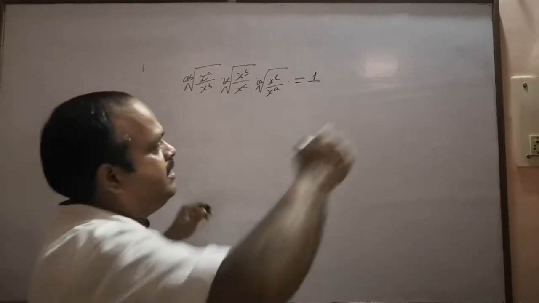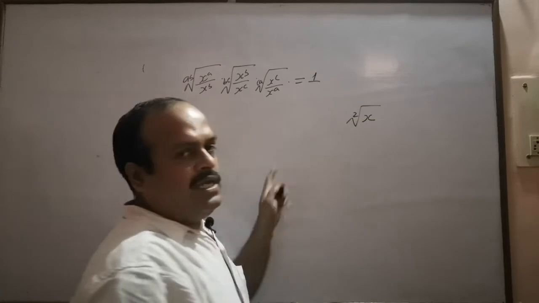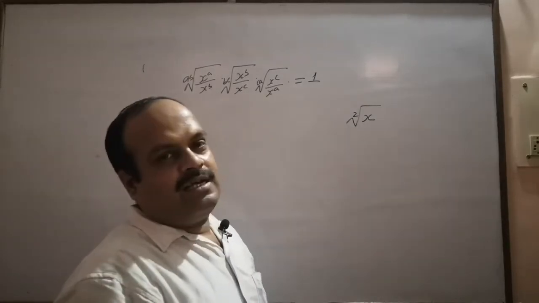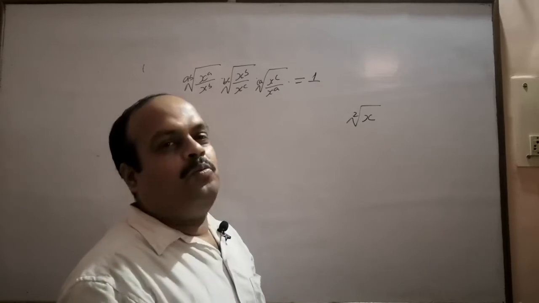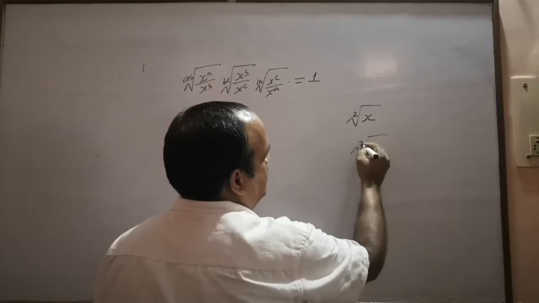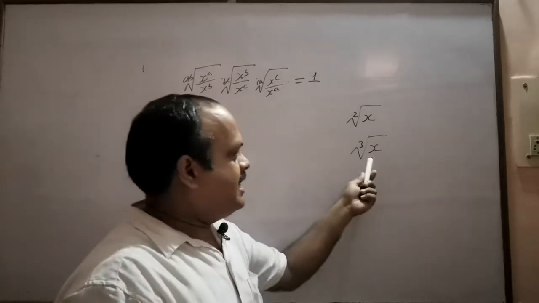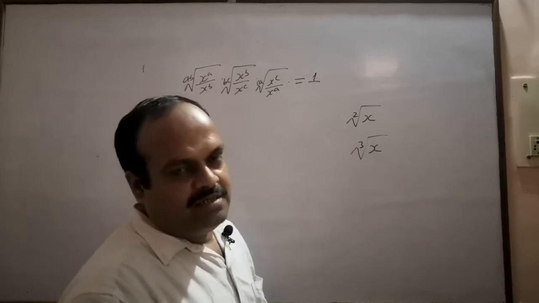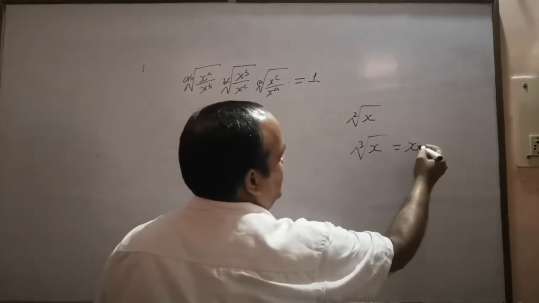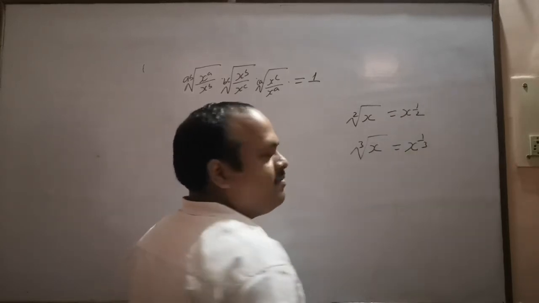What is the rule? If we have a number here, the base is x and the index is 1 by 2. Another one. Here, the base is x, the index is 1 by 3. Means it can be written as x to the power 1 by 3. This can be written as x to the power 1 by 2.